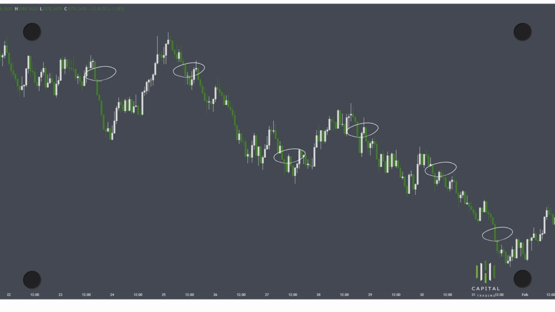when we utilize fair value gaps, we utilize them for entries, one; we utilize fair value gaps for exits, two; we utilize fair value gaps for directional bias, three.